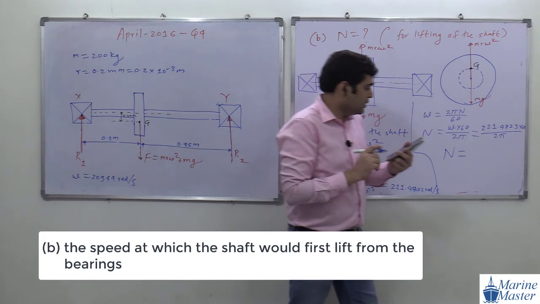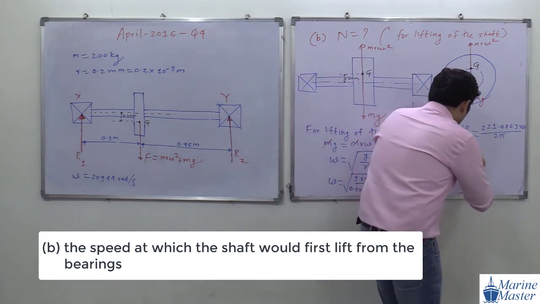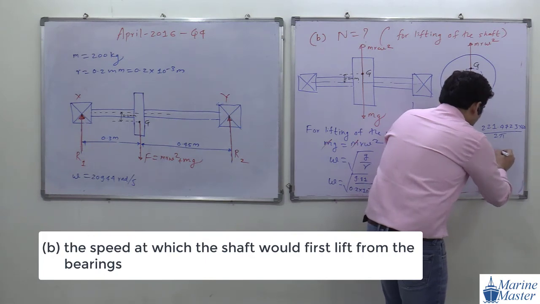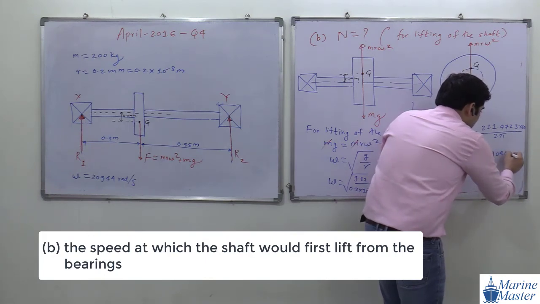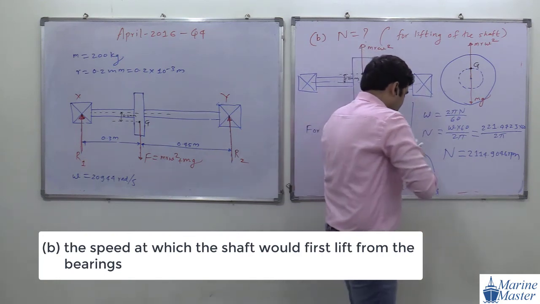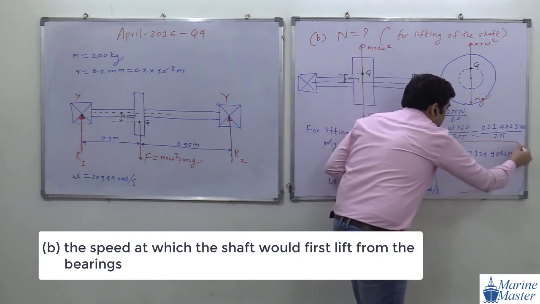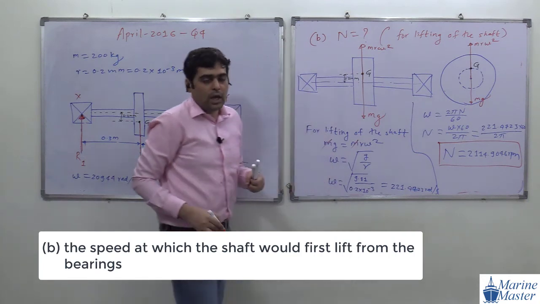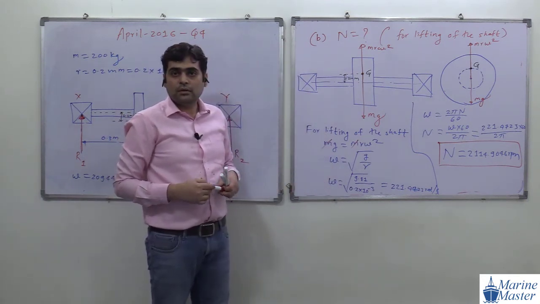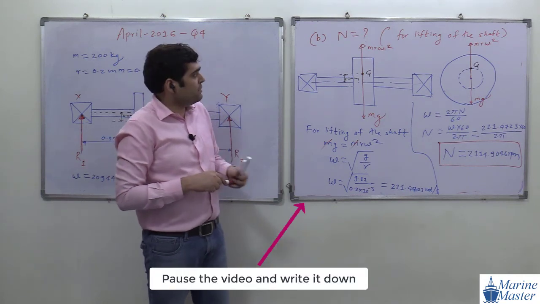How much? 2114.6 RPM, revolutions per minute. Are you getting my point? So this is our answer for part B. Any doubt in this discussion, everyone? Okay, good. So please everyone write down this point.